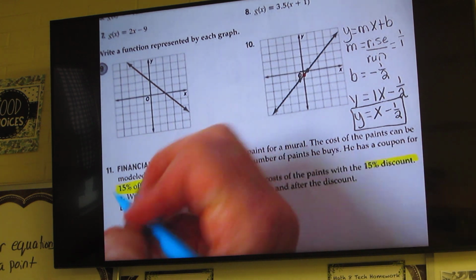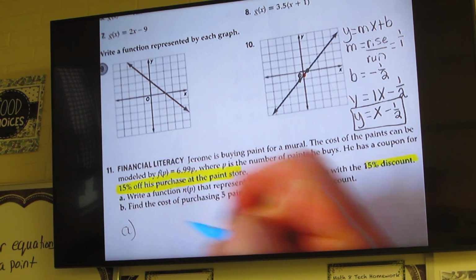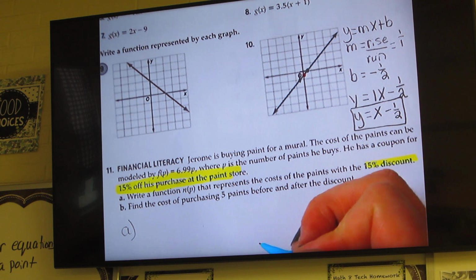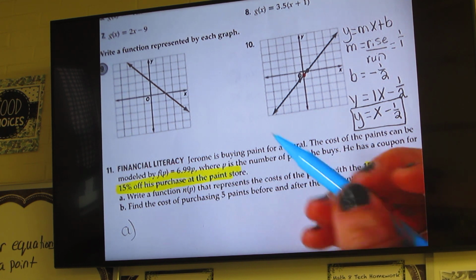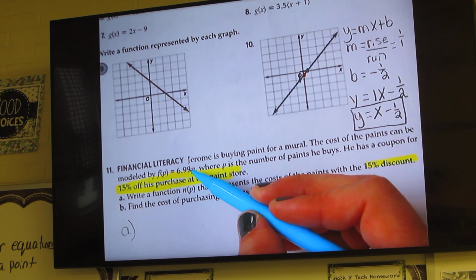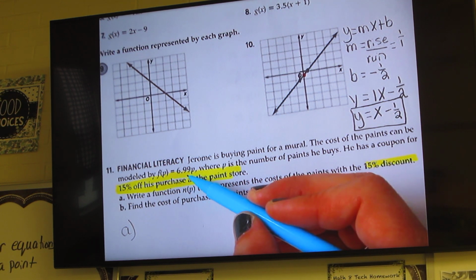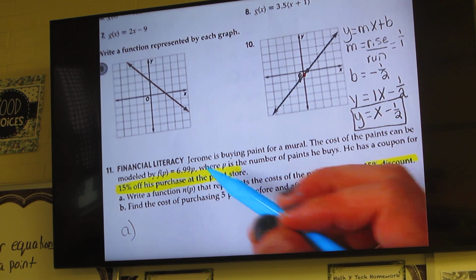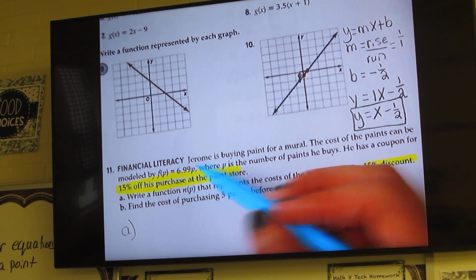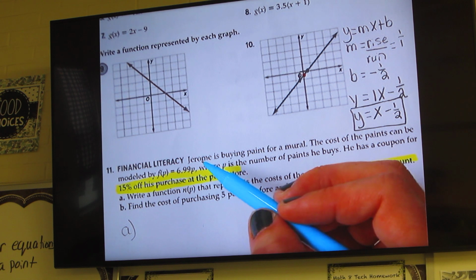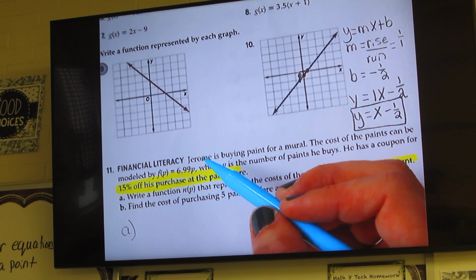Well, this means, y'all, that he's going to pay 85%, because we talk about percent being out of 100. So $6.99 per paint that he buys. This is what this means. He's paying $6.99 per can of paint. Well, he's going to get 15% off of it, which means he's going to pay 85% of the original cost.